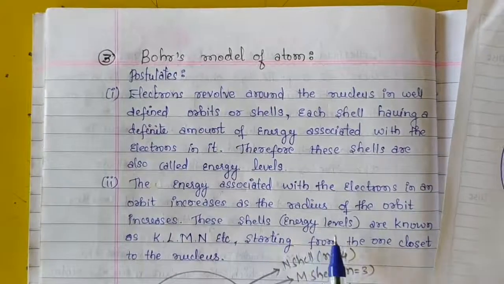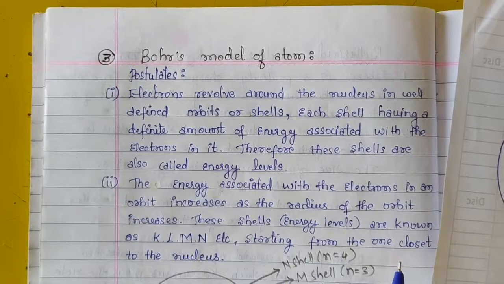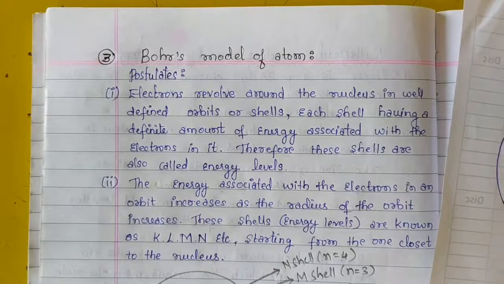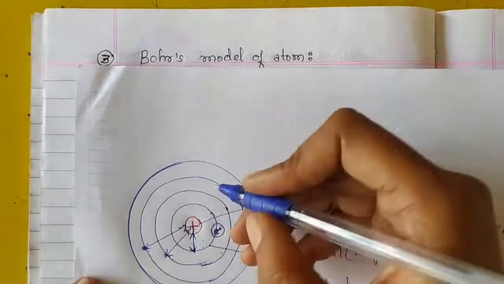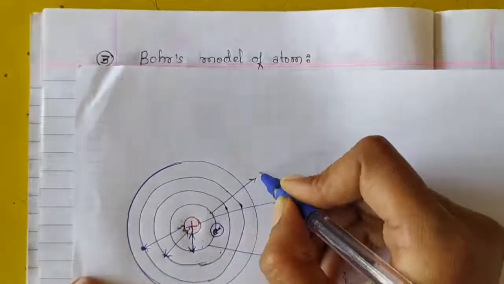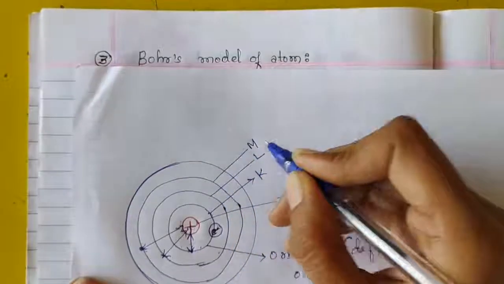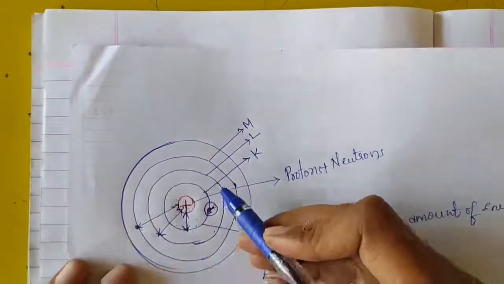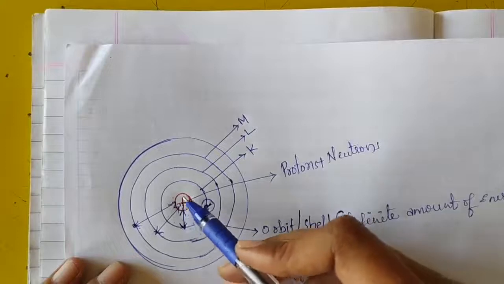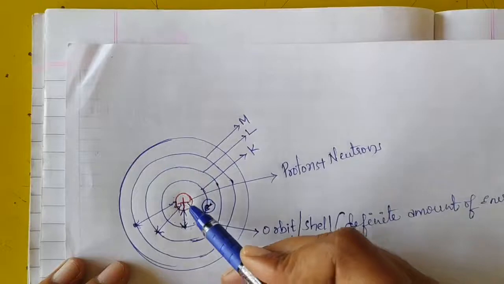These shells or energy levels are named K, L, M, N, etc., starting from the one closer to the nucleus. This naming starts with the orbit which is closest to the nucleus.